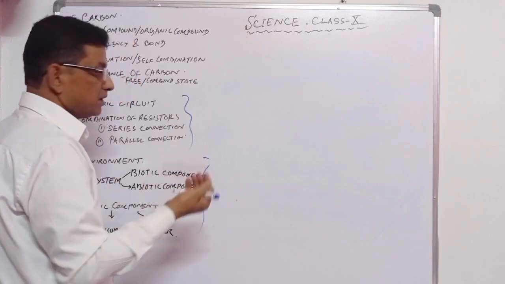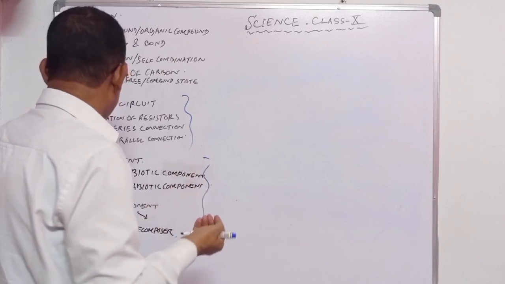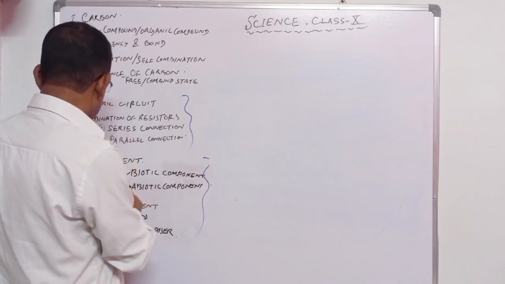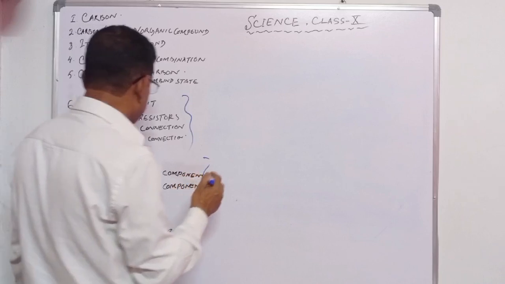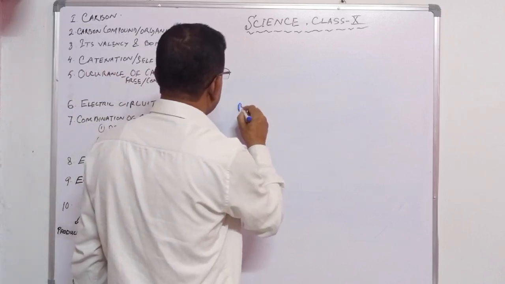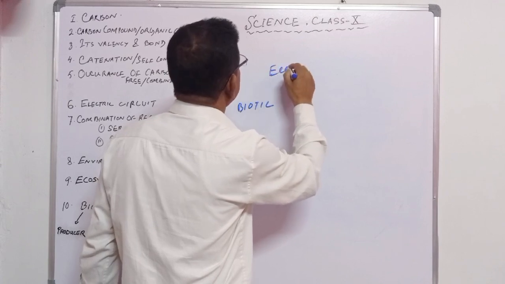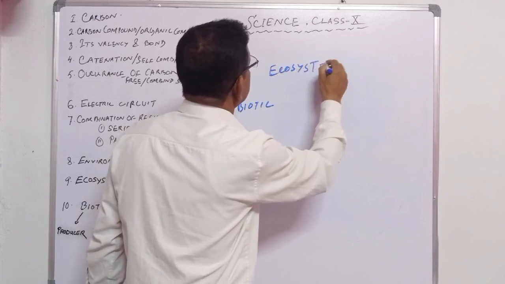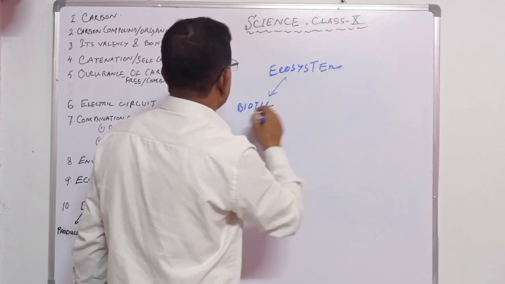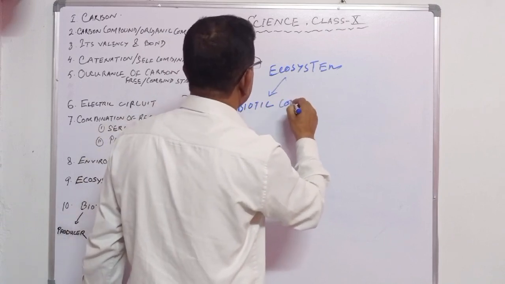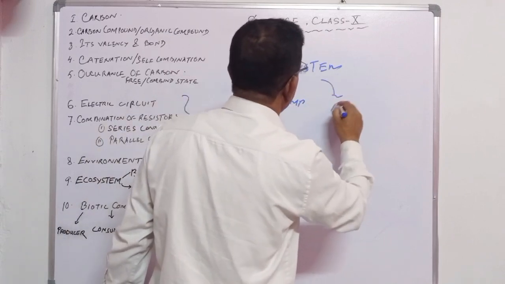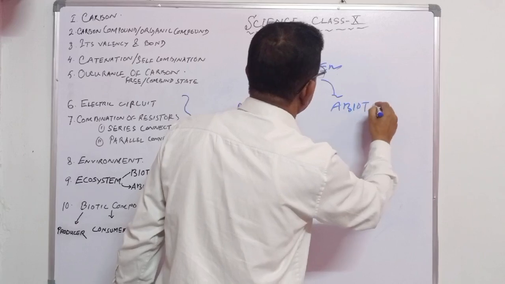They depend on each other to carry out their life activity. So in an ecosystem there are two types of component: biotic component and abiotic component.